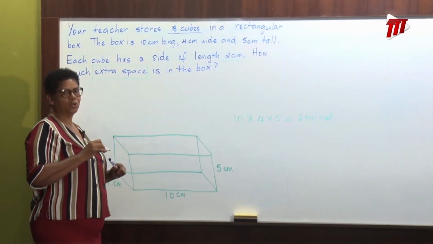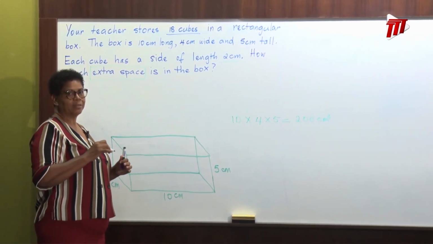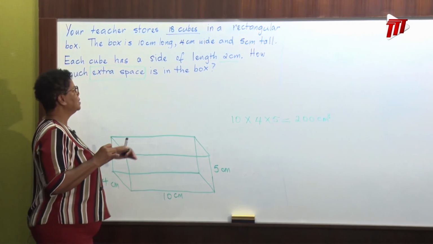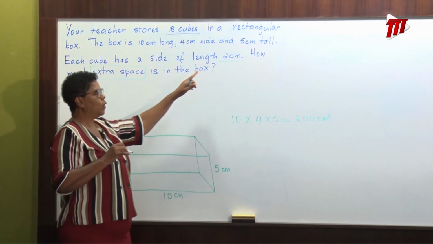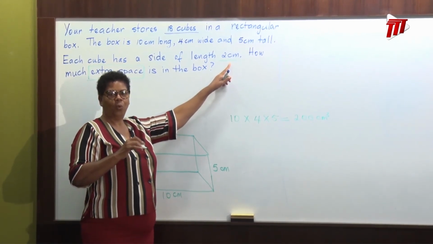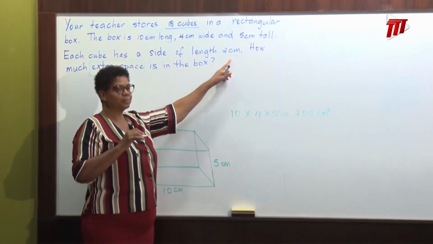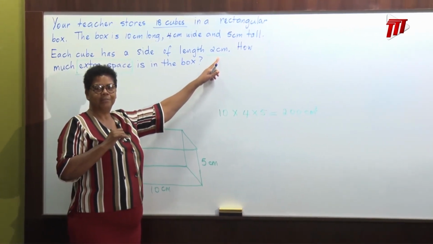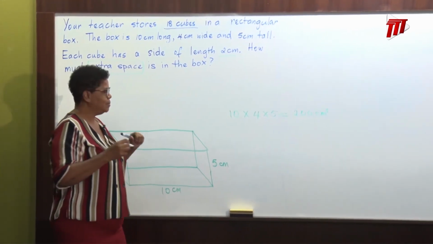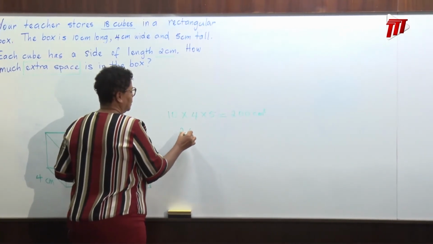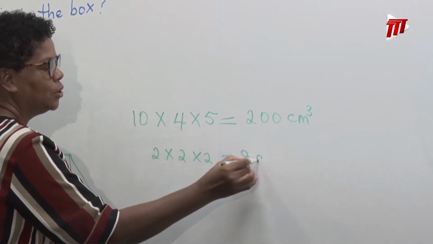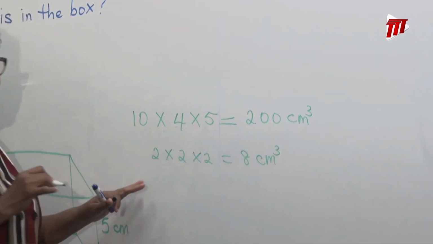Now let's find the volume of the cubes. We can find the volume of the cubes by finding first the volume of one cube. These are not 1 centimeter cubes, they are 2 centimeter cubes. We found out before that the volume of a 2 centimeter cube is 2 multiplied by 2 multiplied by 2, which is 8 cubic centimeters.